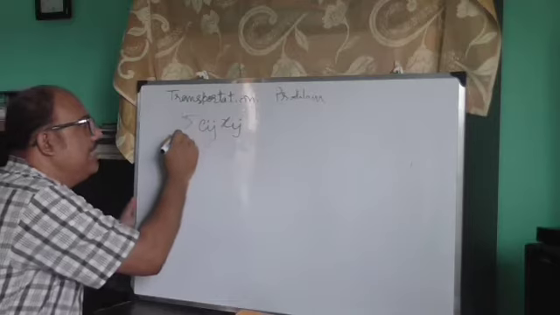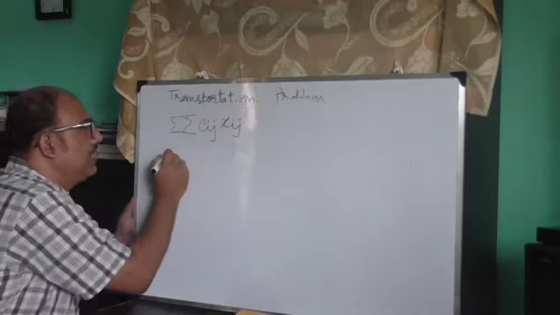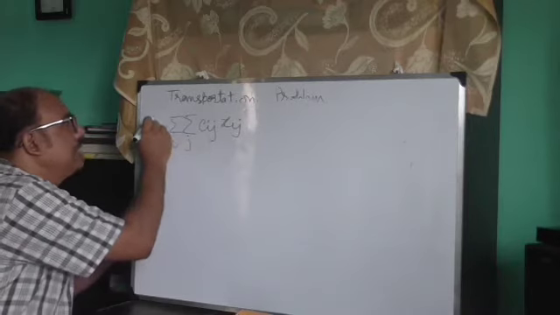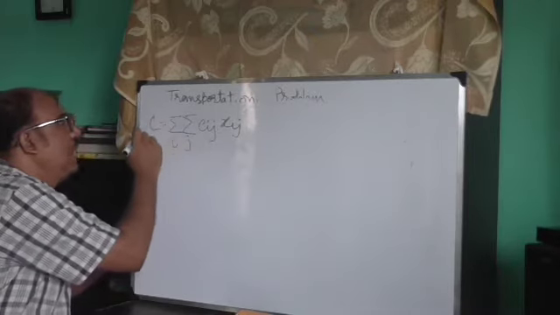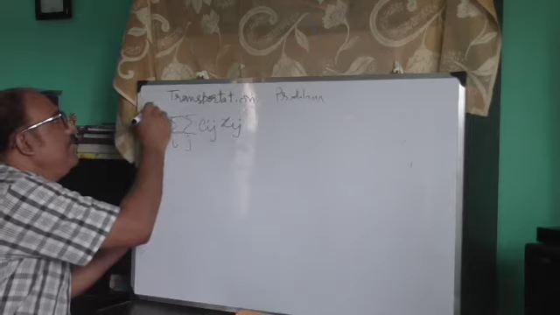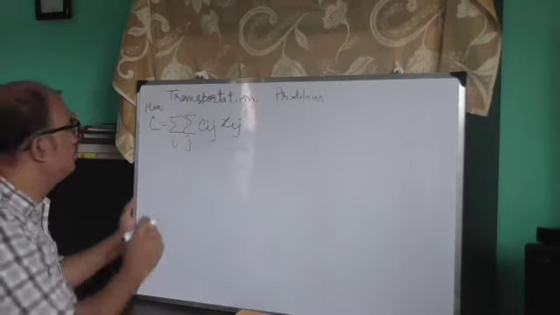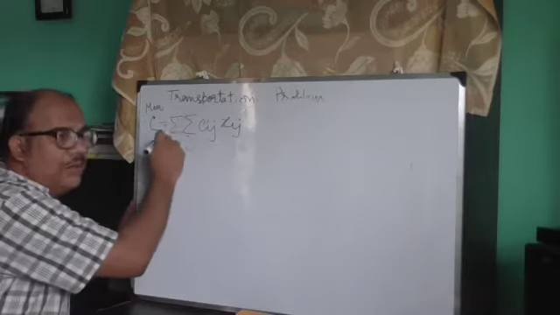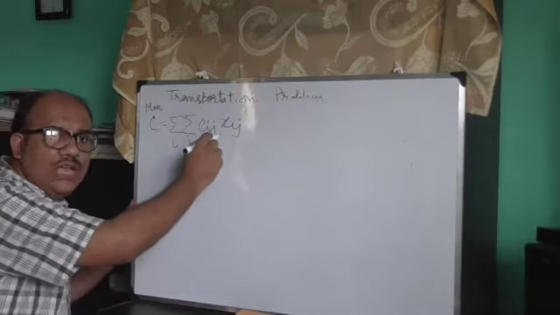Then if I take the double summation, sum over i and sum over j, this gives my total cost, and our objective is to minimize it. So minimize C, the total cost, is the double summation of Cij into Xij.